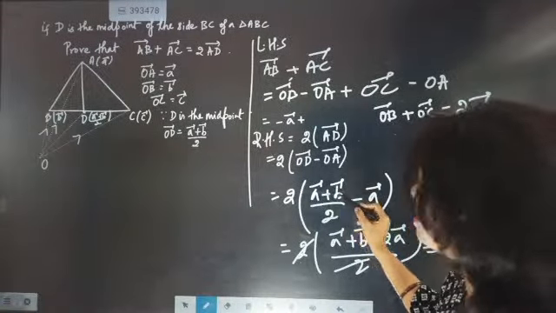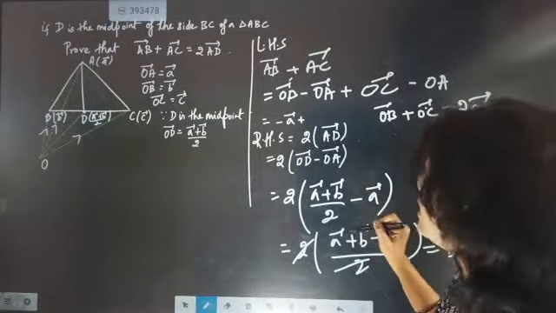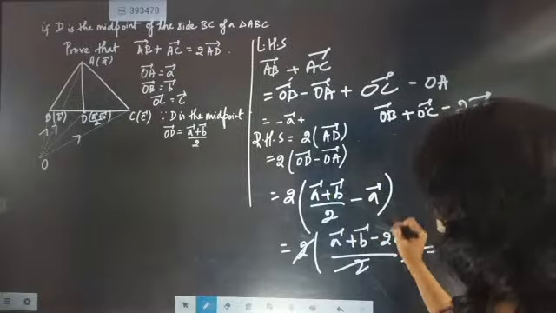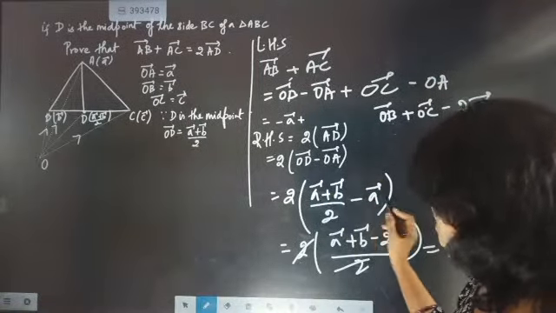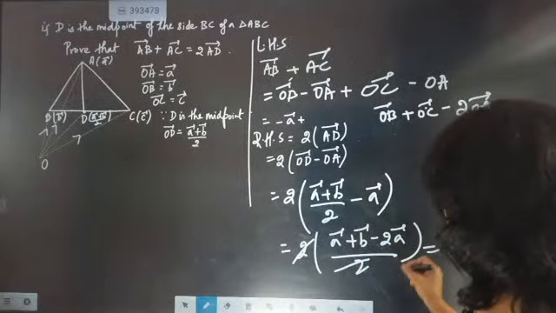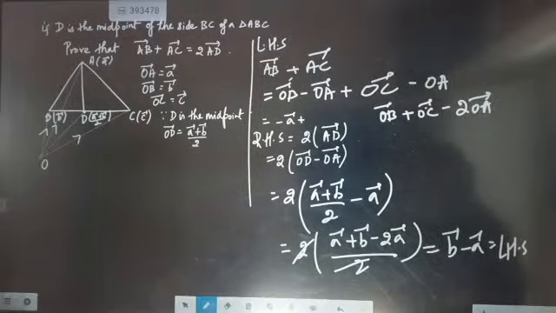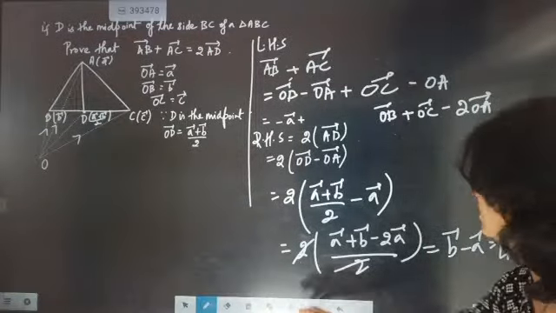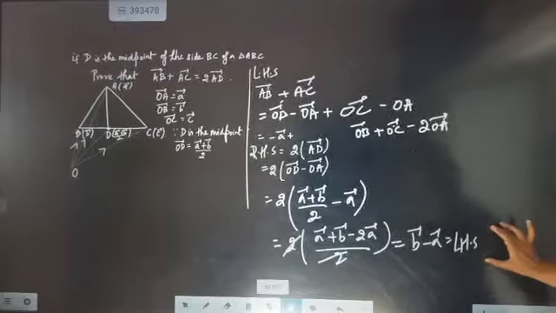D vector is (A vector plus B vector) divided by 2. AD can be written as OD minus OA. So (A vector plus B vector) by 2 minus 2A vector is coming, and it is coming as B vector minus A vector, but here C vector is not leaving me alone. C vector is creating a problem for me.